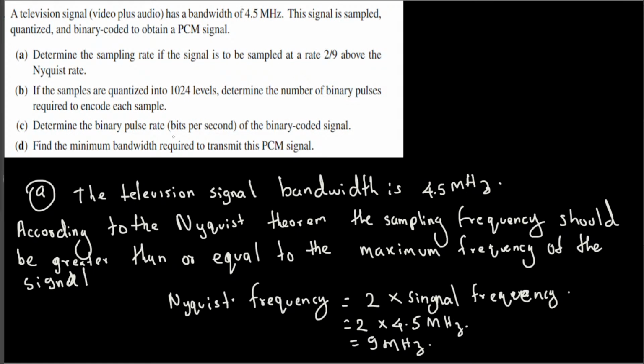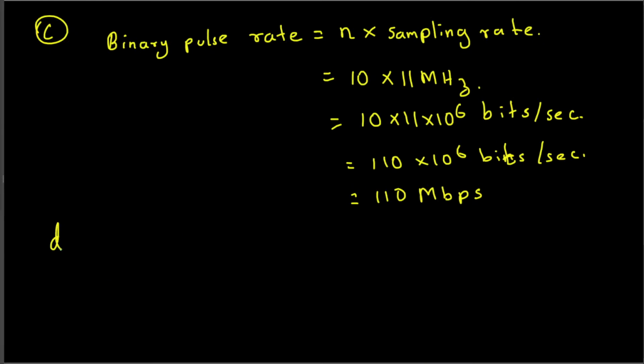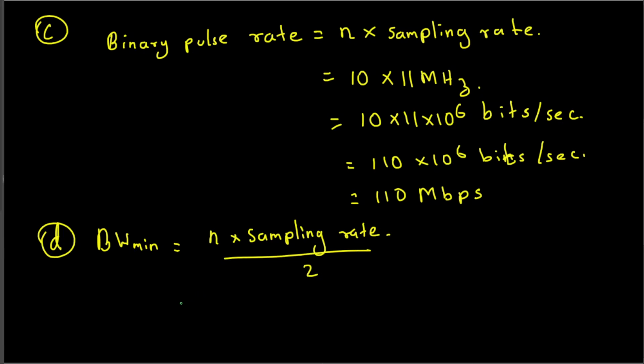And the D part is asking to find the minimum bandwidth required to transmit this PCM signal. For the minimum bandwidth, we can use this formula: n times the sampling rate divided by 2. n is 10, which we found before, and the sampling rate is 11 megahertz, which we found in the A part.